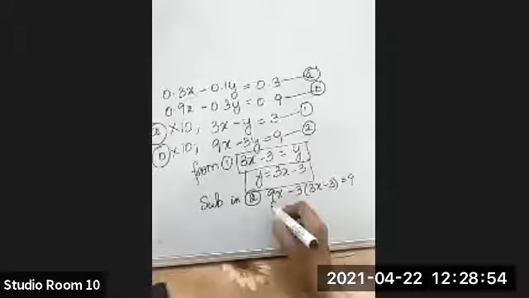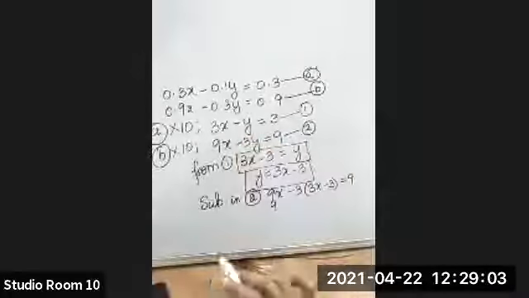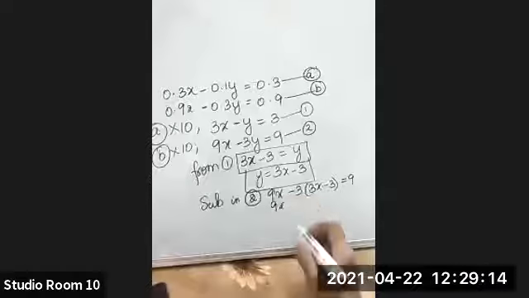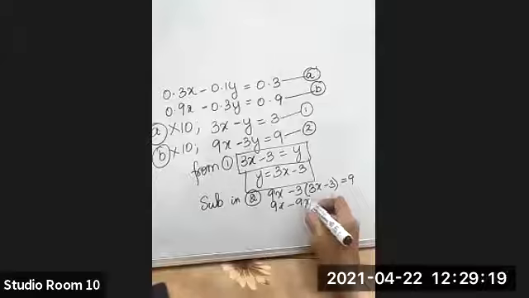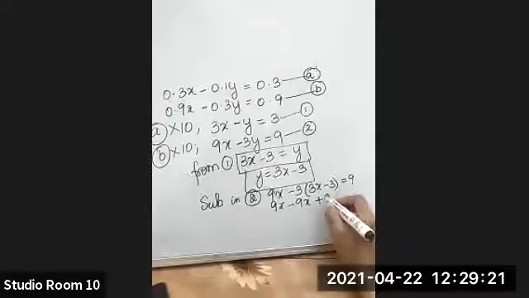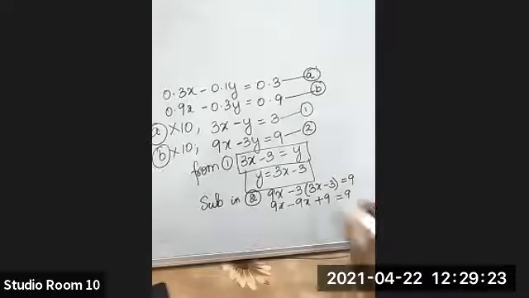When you open the bracket, we'll get 9x minus 9x, minus of minus plus 9, equal to 9.